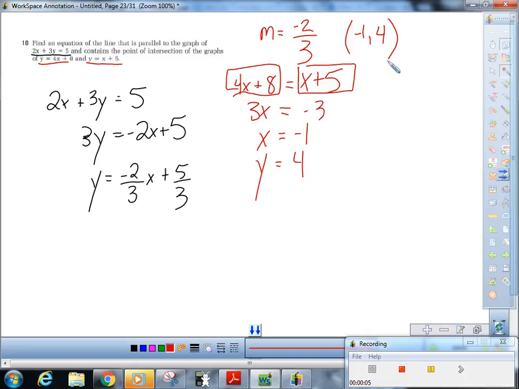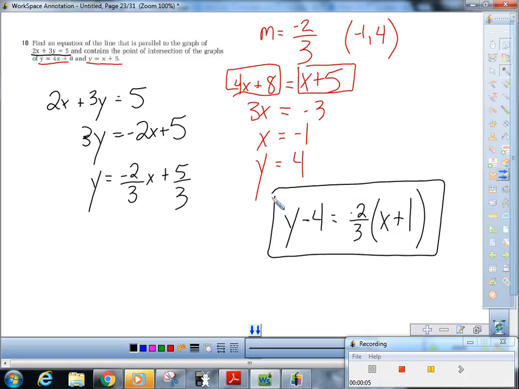Does it tell you what form it wants that equation in? So you'd be crazy not to just write it like this. Y minus 4 equals negative 2/3 times x minus a negative 1. And that's it. You're done. You don't have to change anything from that. Okay? Got it? Can I get a boom?